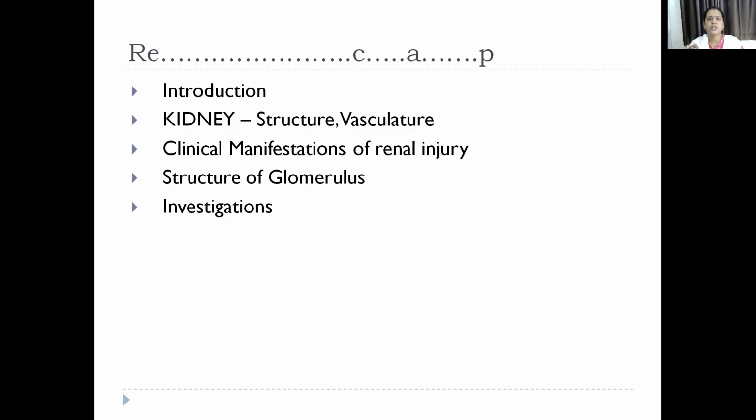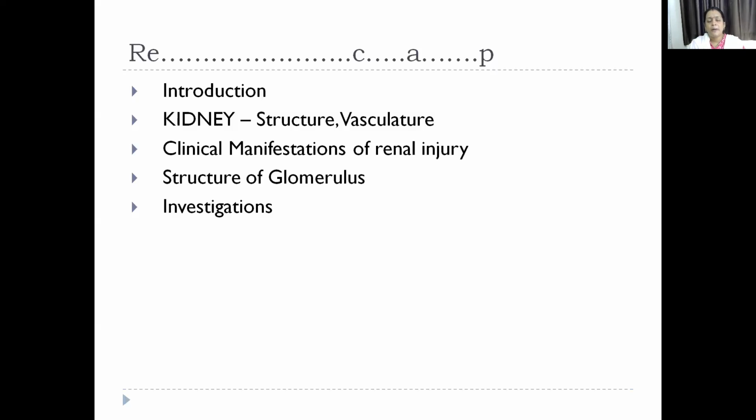The anterior division is again divided into segmental divisions, five segmental divisions. Both the anterior and posterior divisions get divided, and these segmental divisions will again divide into the interlobar divisions, and then they form the arcuate arteries, then the interlobular arteries. So these are the things which supply the kidney.